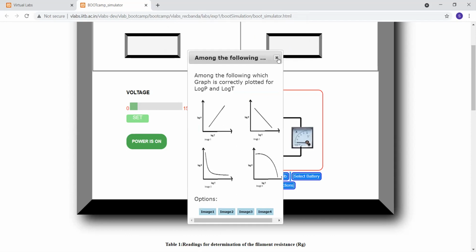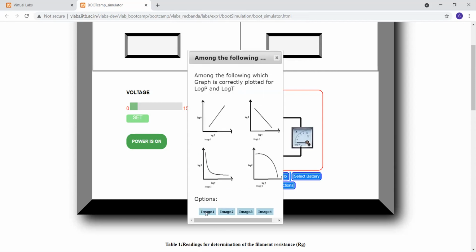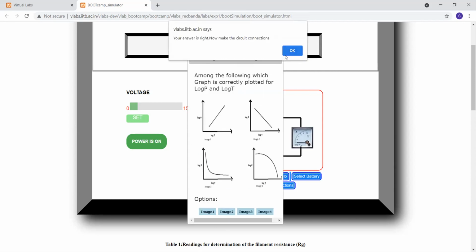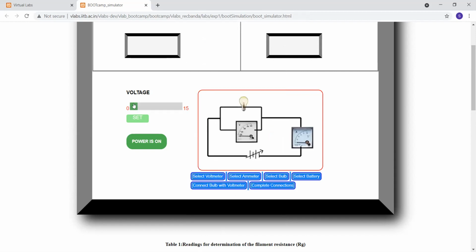And then we switch the supply on. Set the voltage. We keep the voltage first at 0.7.